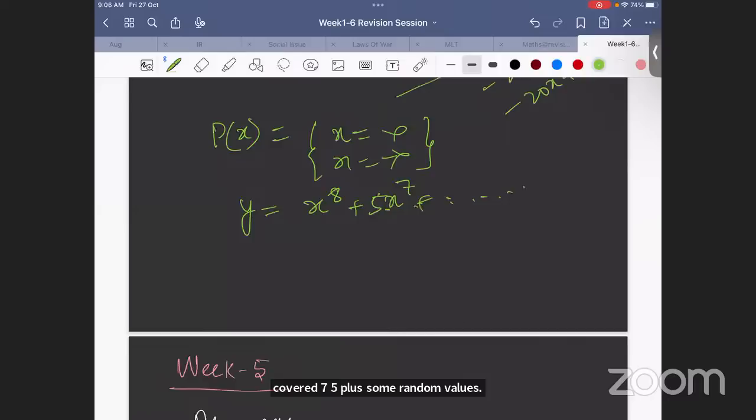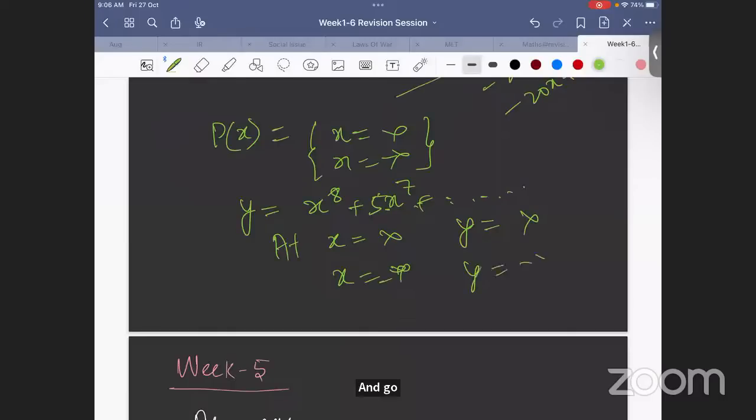Now you need to check at x equals infinity. What should be the behavior of this function? Positive infinity. Correct. And similarly at x equals minus infinity, this will be positive infinity.